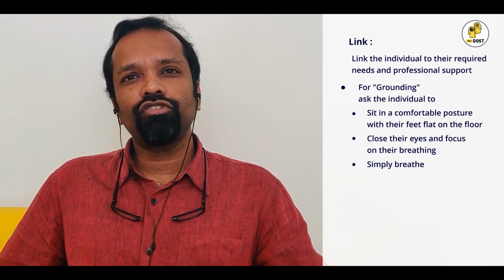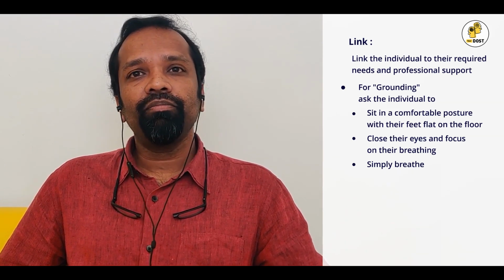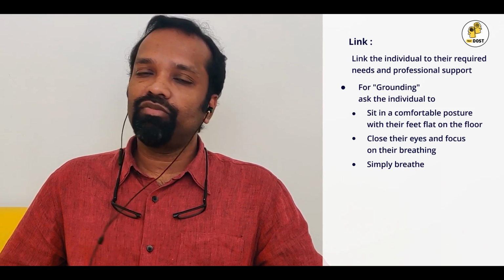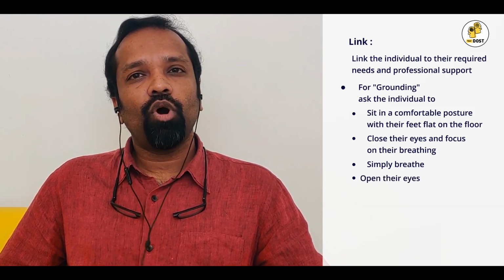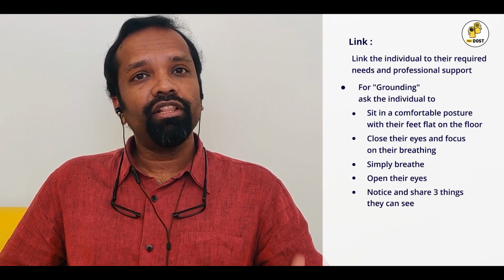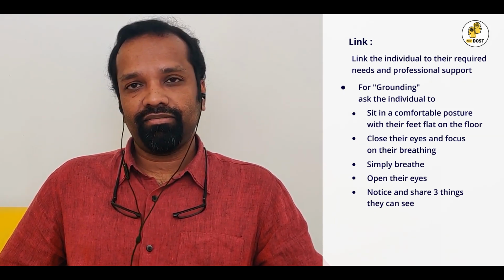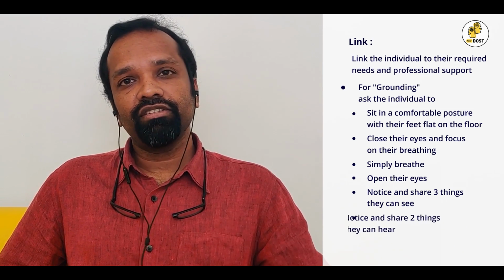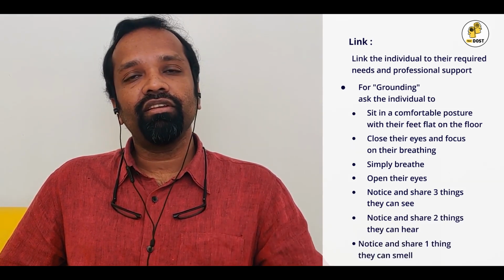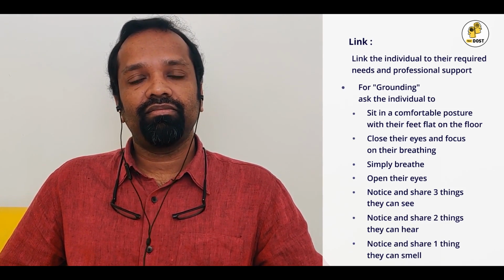They just need to focus on it. At the same time, you can ask them to engage in a sensory activity. Ask them to open their eyes, notice and share with you 3 things that they can see, 2 things that they can hear, and 1 thing they can smell.